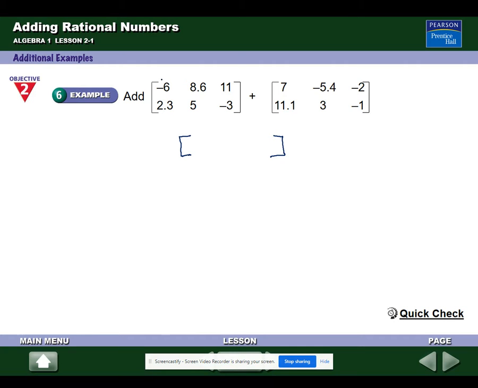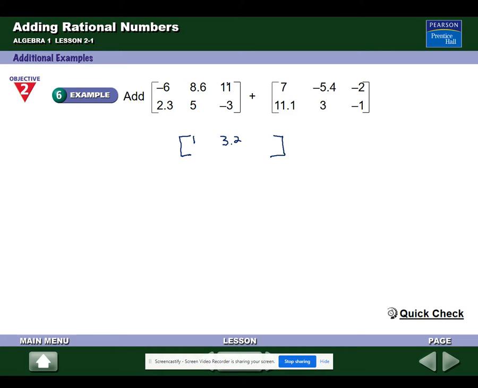And then you're just adding these, and again, let's put a little emphasis on mental math in this section of the book that is just dealing with addition. Let's try to do well with that. Negative 6 plus 7 would be 1. 8.6 plus negative 5.4. Be a little careful with the negative, but you should be able to do that one as well. That's going to be 3.2. By the way, I'm doing this on the fly too.